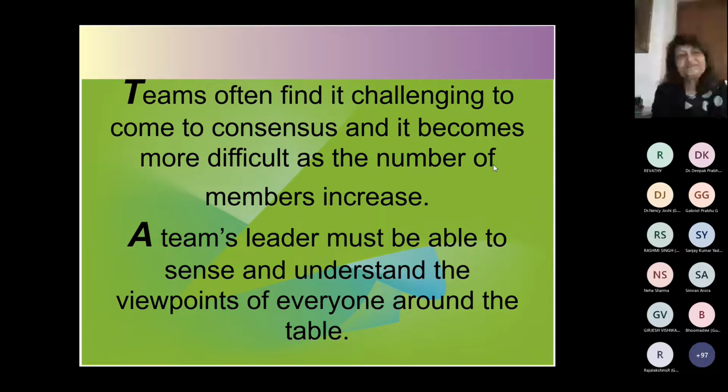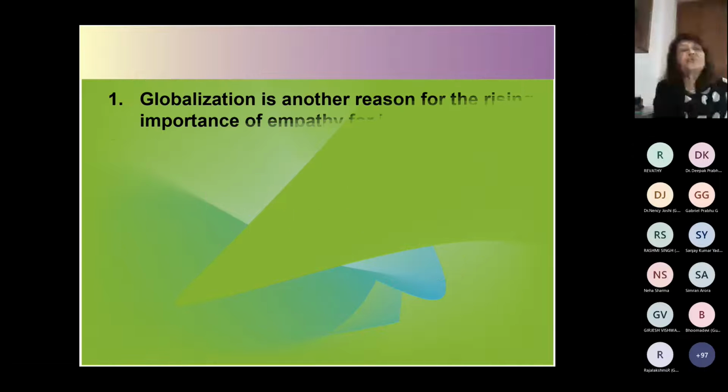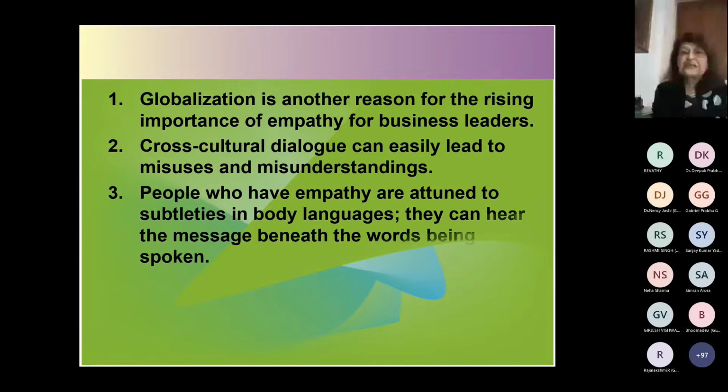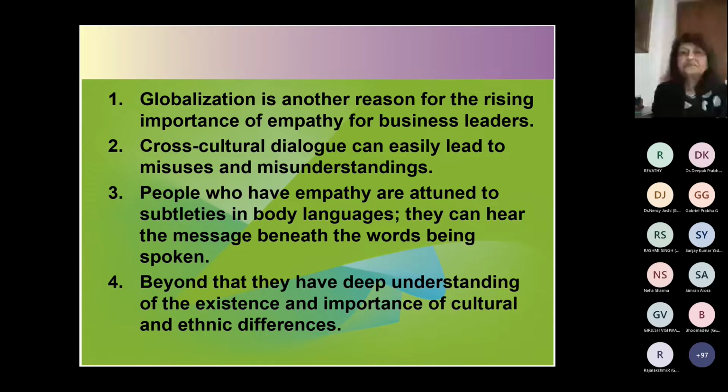So, next slide. When empathy and emotional intelligence are missing, what will happen? We will have a very difficult time connecting to the customers' feelings, their thoughts, and their emotions. And we are going global. It is very important for business leaders to be empathetic.